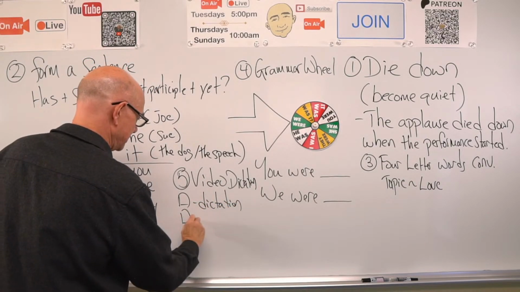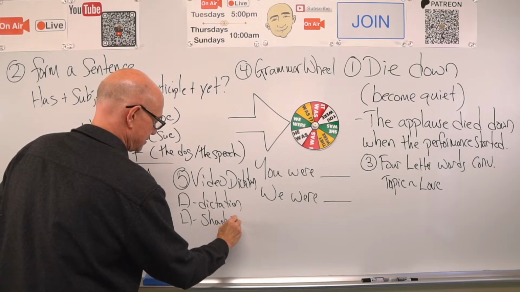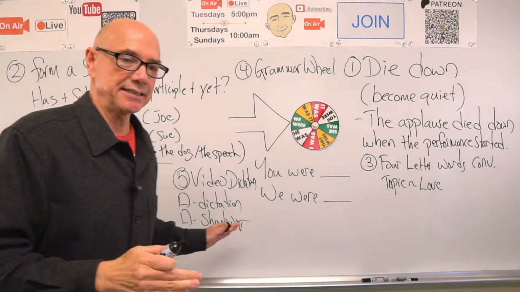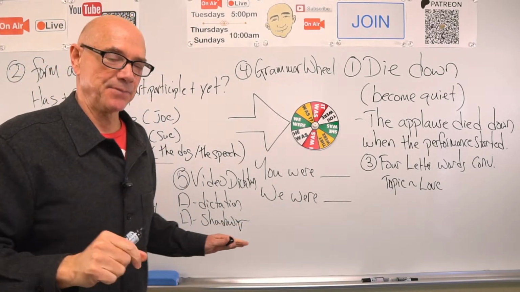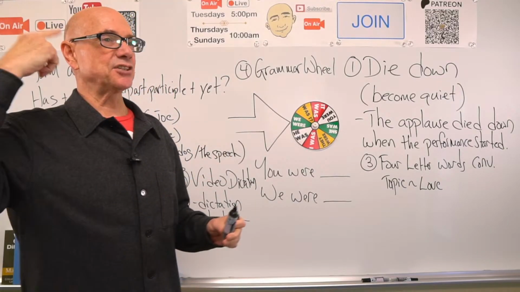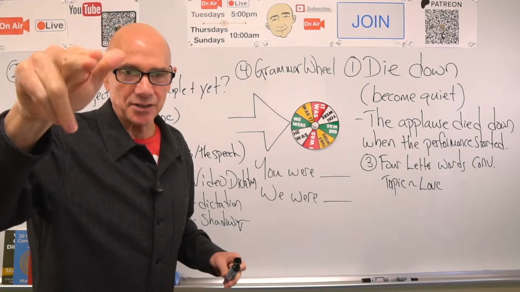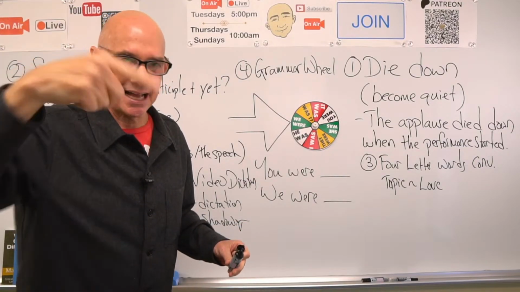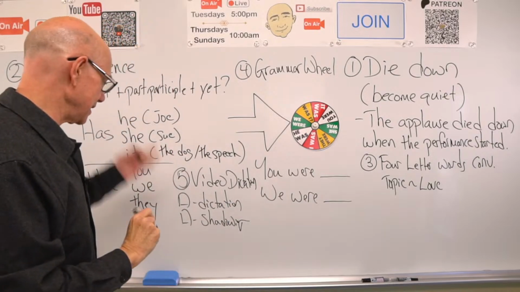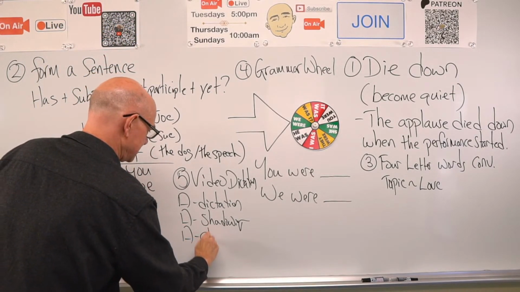Step 2 is shadowing. Shadowing is listening and speaking. Dictation is listening and writing. Shadowing is listening and speaking at the same time, right? So dictation, you're listening and writing at the same time. Input, output, together at the same time. Then we will check the sentences.